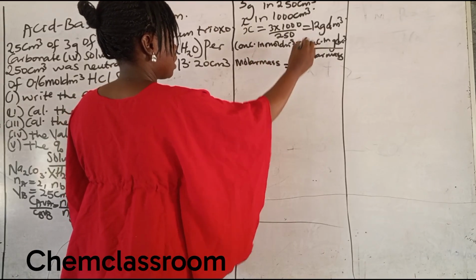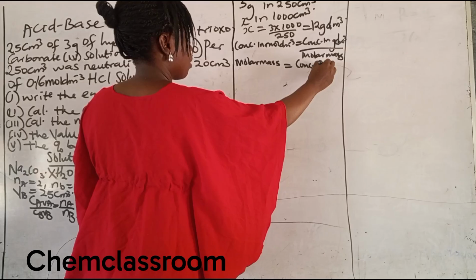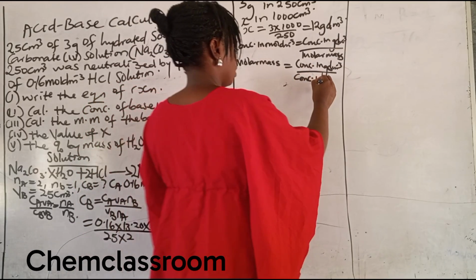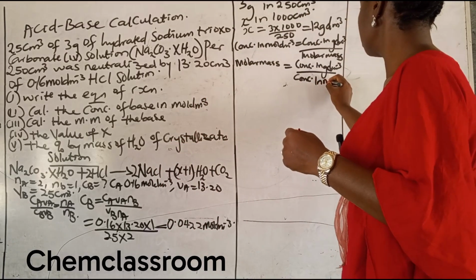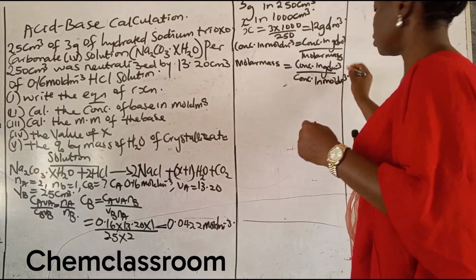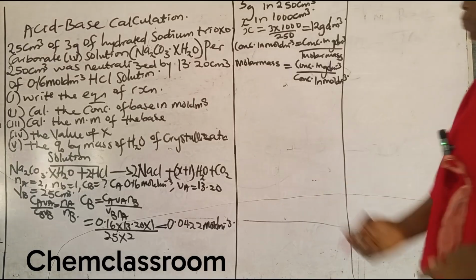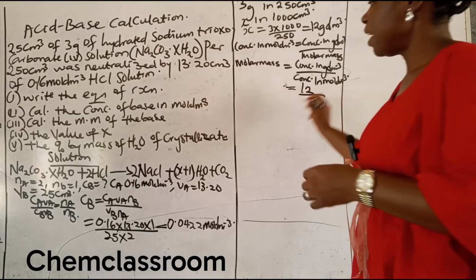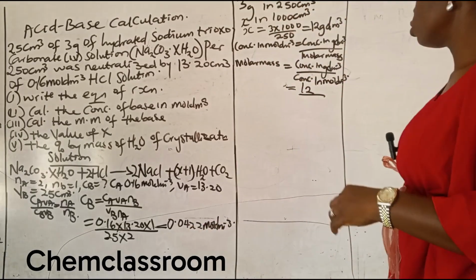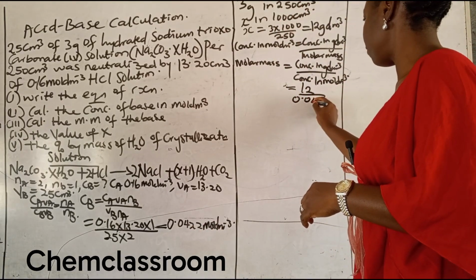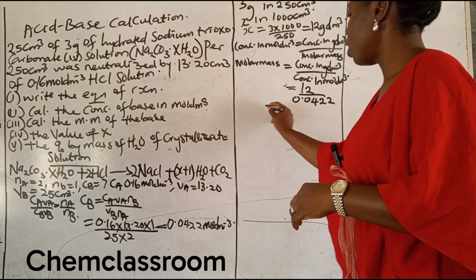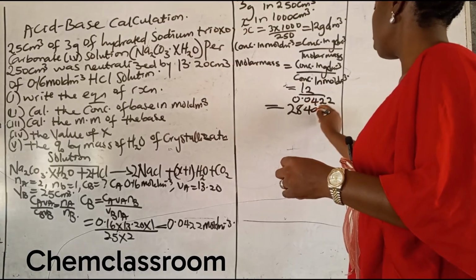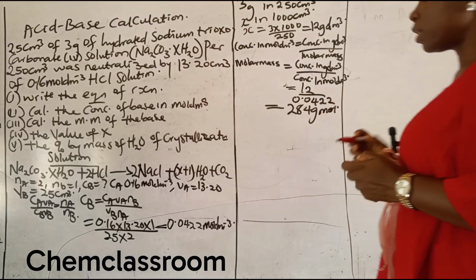My molar mass is expected to be concentration in grams per dm cube divided by concentration in mole per dm cube. Okay, that's been done. So my concentration in grams per dm cube, of course, is 12, divided by my concentration in mole per dm cube, which is 0.0422. So in all here, for the molar mass, we are expected to have 284 gram per mole. Yes, 284 gram per mole.